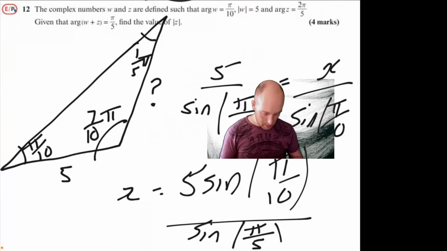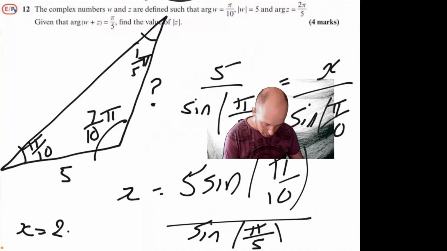Cool, let's grab a calculator. 5 sine pi by 10 over sine pi by 5, and I get x should be 2.629.